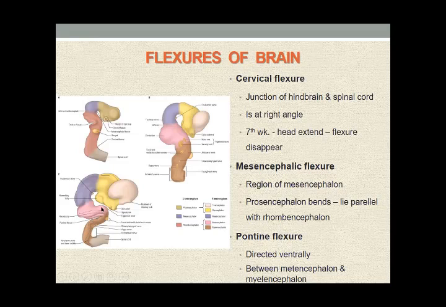They are both parts of rhombencephalon, which is the hindbrain. And finally, this white is spinal cord. So we were talking about the mesencephalic flexure. This develops in the region of mesencephalon, and you can see this is once again directed concave anteriorly.